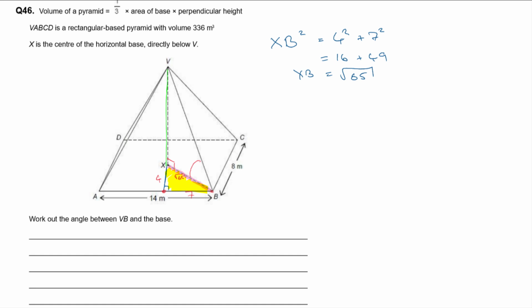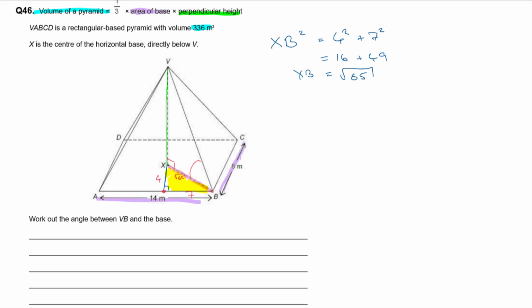Okay, so let's find XV. Now I can do that because XV is the perpendicular height, and I know the volume. The volume of the pyramid was given there, and I can work out the area of the base with not too much problem, can't I? So what is the area of the base? Well, the area of the base is going to be 14 times 8, isn't it?